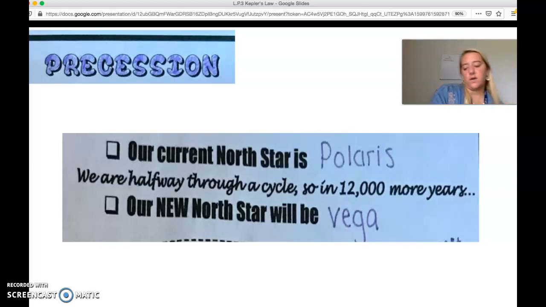I feel like it's Aquarius, but I could be wrong. So if I asked you for evidence of precession in 26,000 years, you would see a change in the North Star. So right now it's Polaris. If precession were to happen, so if we lived 12,000 years from now, Vega would be our new North Star.